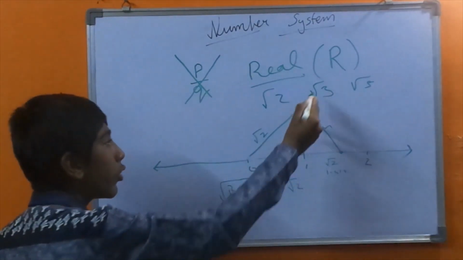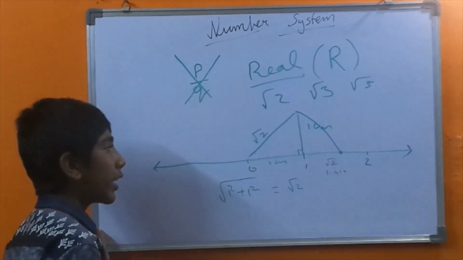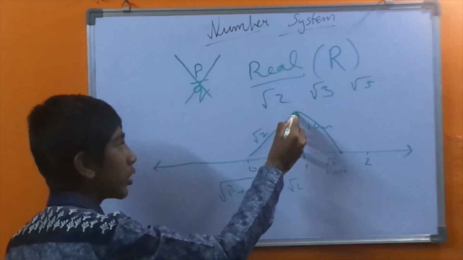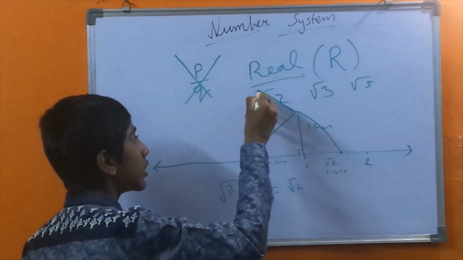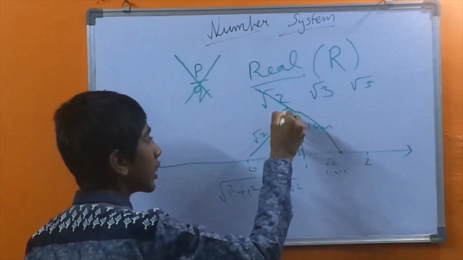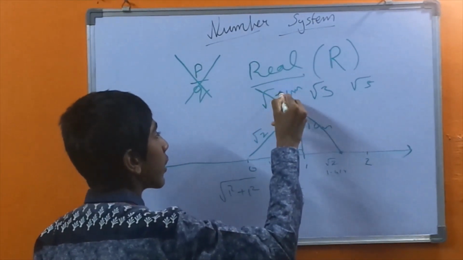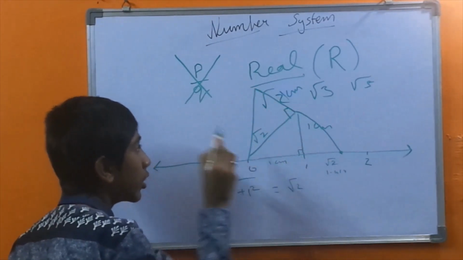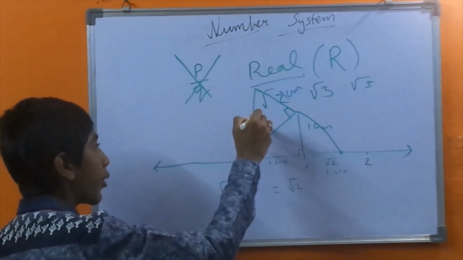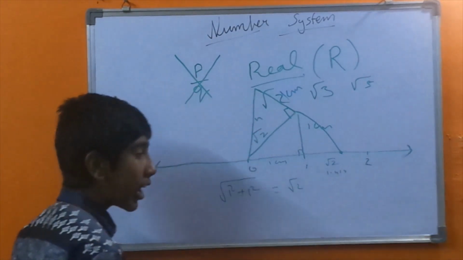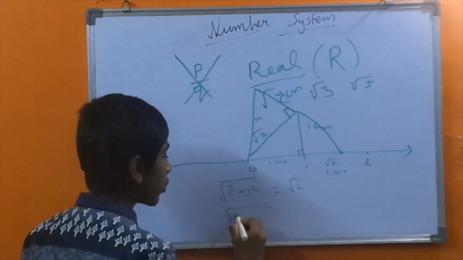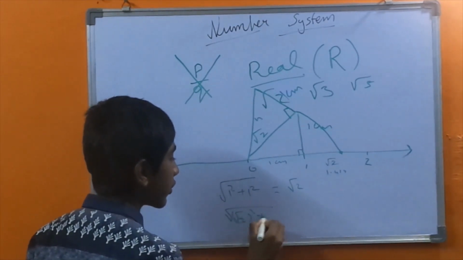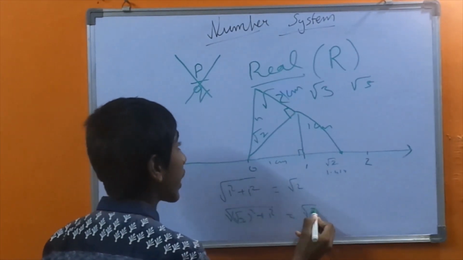Now, if we want to find root 3, again, this is the length of root 2. Now, we will again extend 1 centimeter perpendicularly and join to the 0. Now, this again becomes the hypotenuse, and we can find the value by root of root 2 square plus 1 square, which is nothing but root 3.